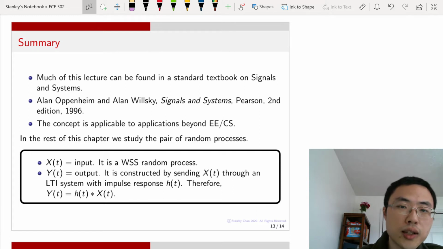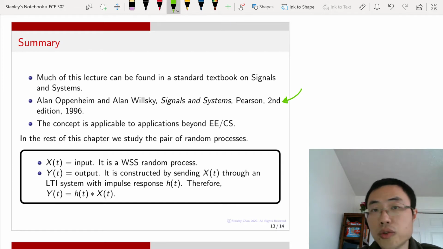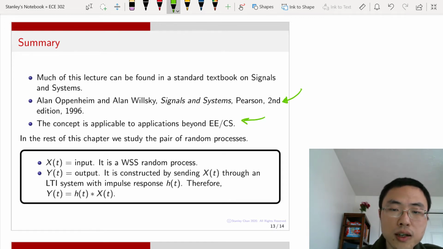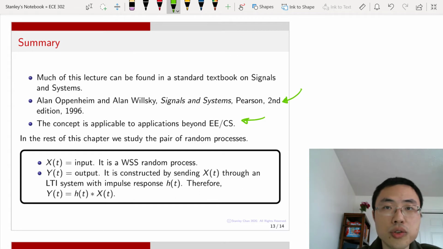So to end this lecture, I will just point everyone to a very classical textbook on signals and systems by Oppenheim and Willsky. Many of these materials should have been covered in a companion course at Purdue. So you're welcome to take a look at those. I want to emphasize that the concepts that we are discussing here are not just limited to electrical engineering or computer engineering.